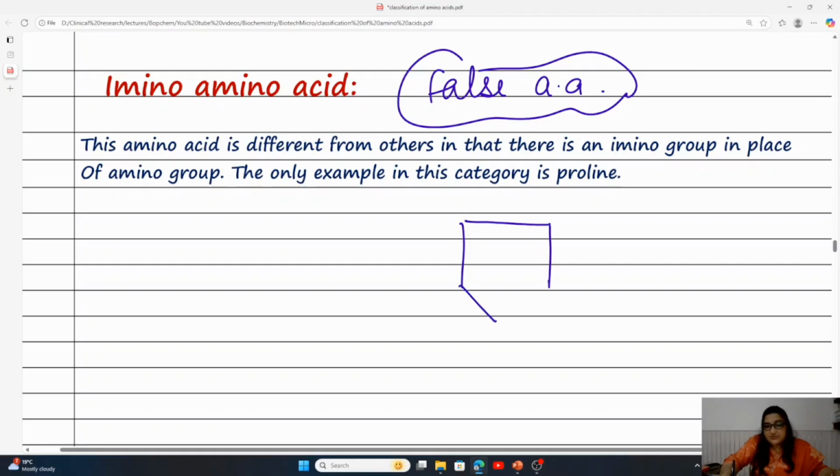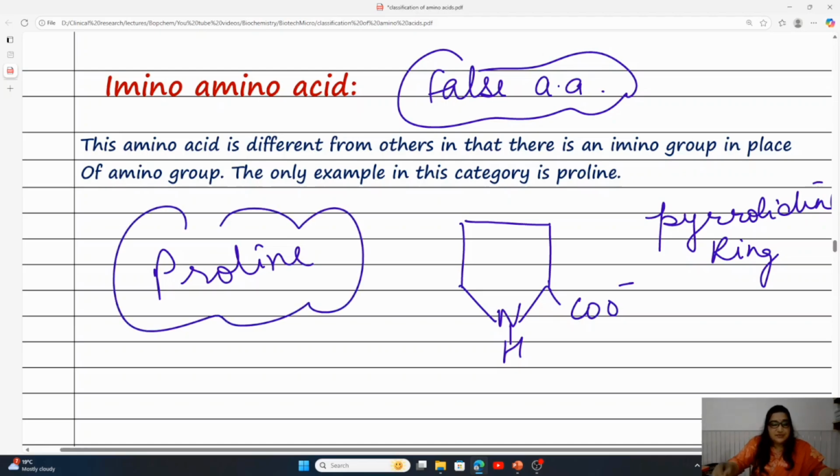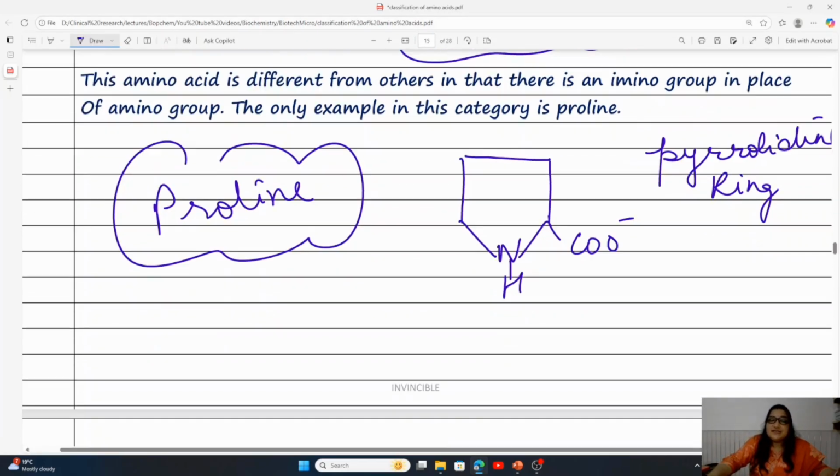This is the structure, NH and COO negative. It contains one pyrrolidine ring. Okay, this is the structure of proline. Proline is known as the false amino acid.